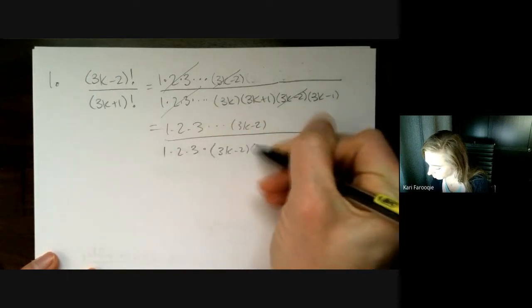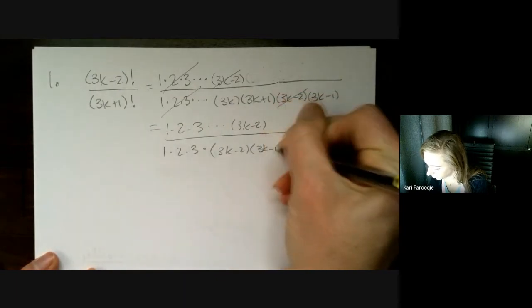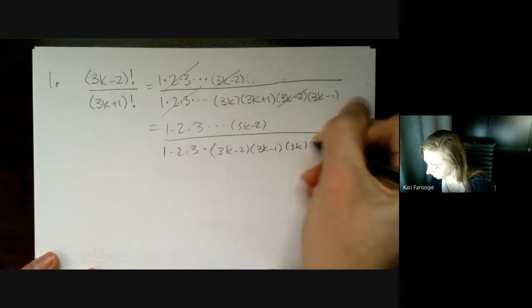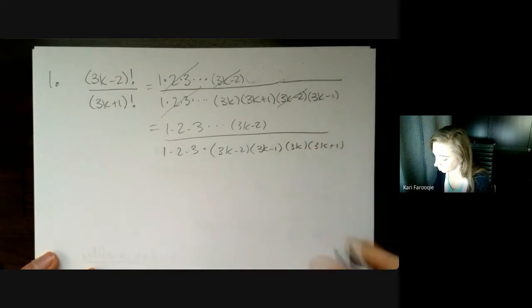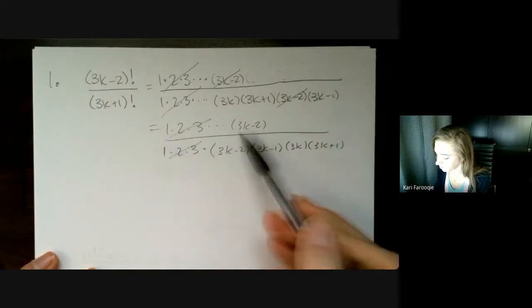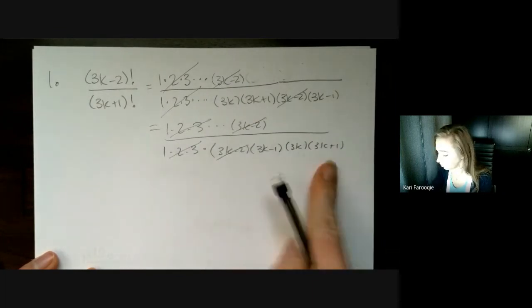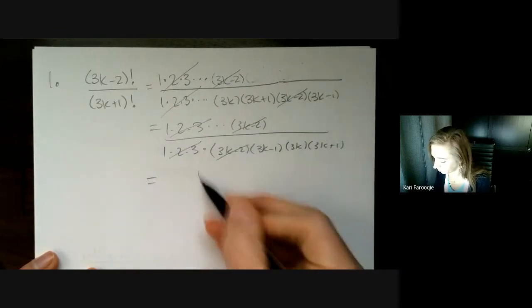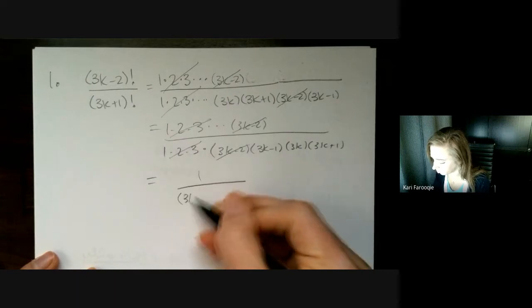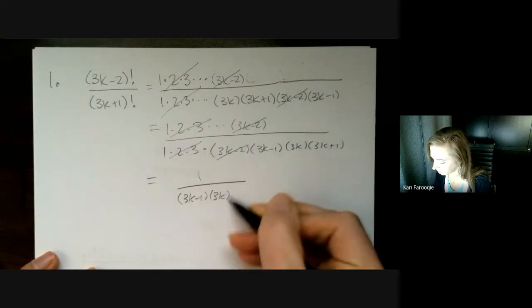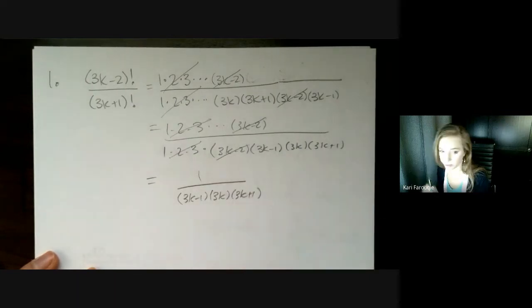All right, so you have to hit 3k minus 2 first, then 3k minus 1, then 3k, then 3k plus 1. So when you start canceling, everything cancels up to 3k minus 2. And all you have left over at that point is what's left over in the denominator, which is 3k minus 1, 3k, and 3k plus 1.